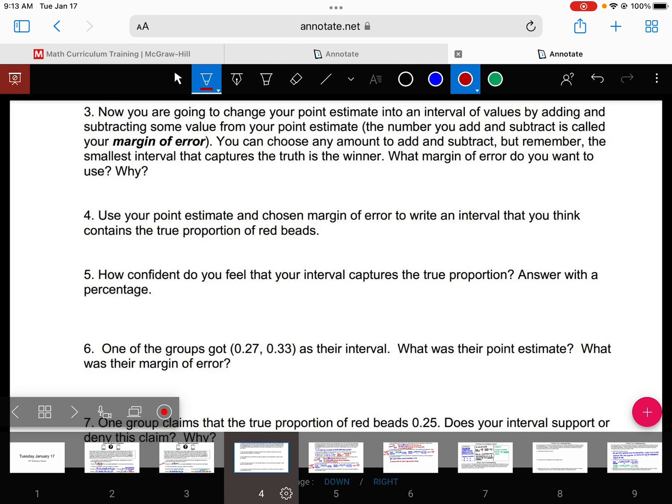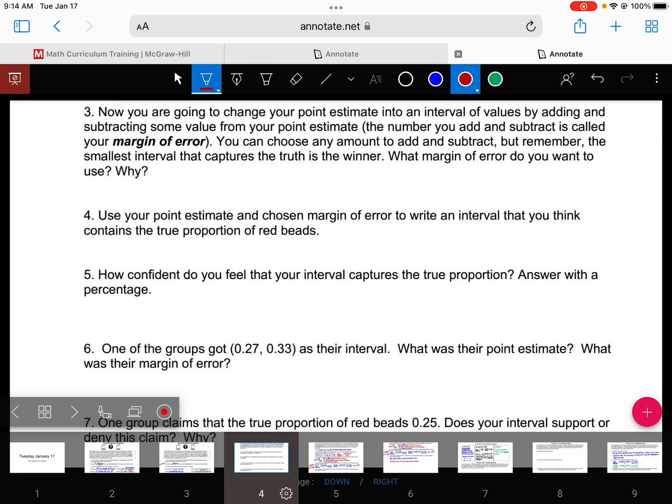So you're going to add and subtract something to your point estimate. We want to make sure, if you think that the true proportion is quite a bit lower than that, that whatever you add and subtract to both sides, you can reach that lower side. So for example, if you think the true proportion here is actually 30%, make sure that the interval reaches down to 30%.